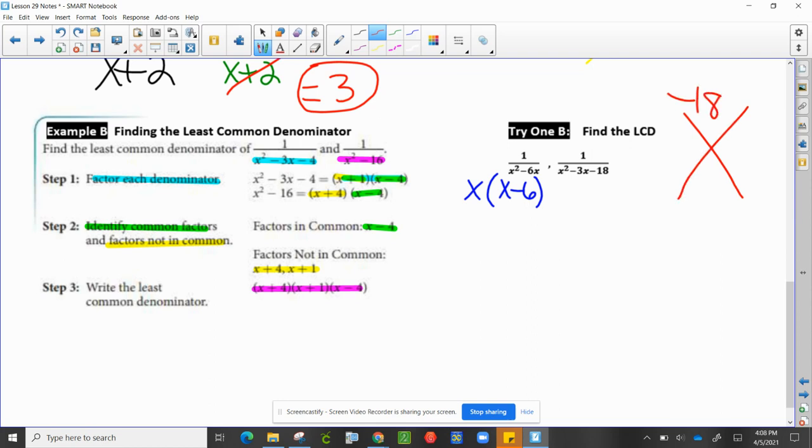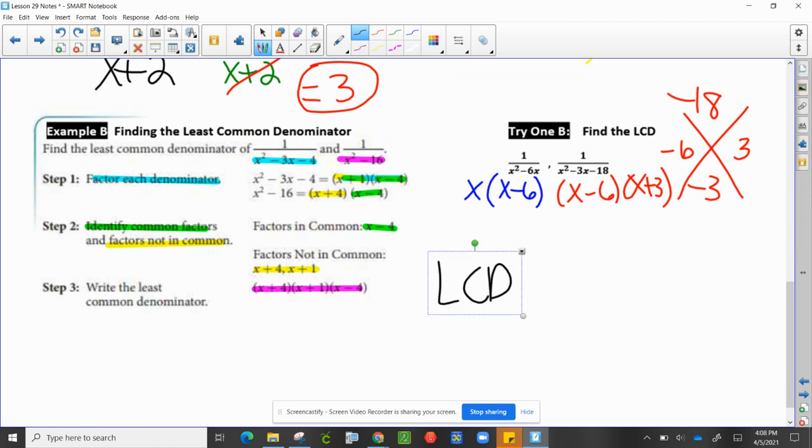Factors of negative 18 that add to negative 3. That'd be what? Negative 6 and positive 3. So this denominator factors as x minus 6, x plus 3.